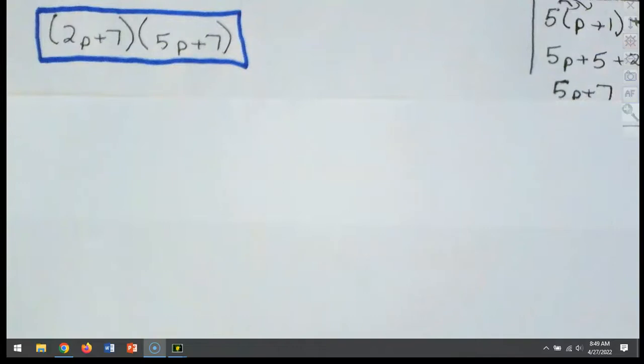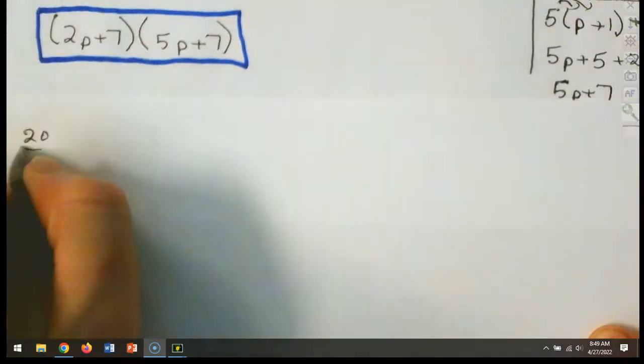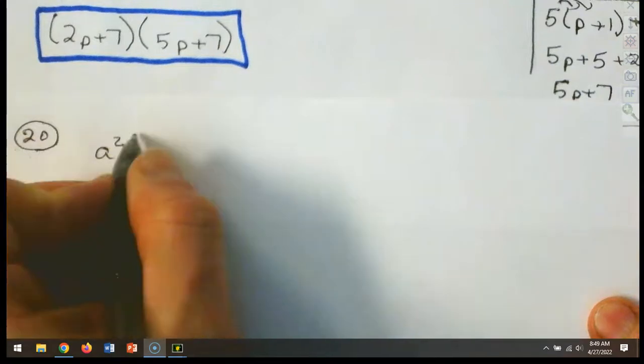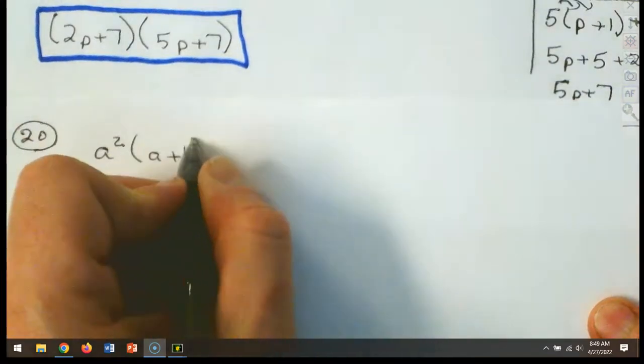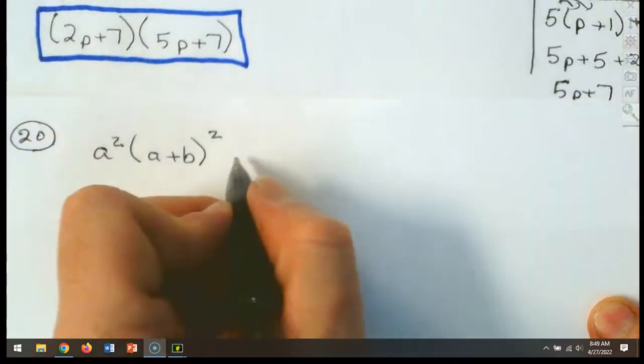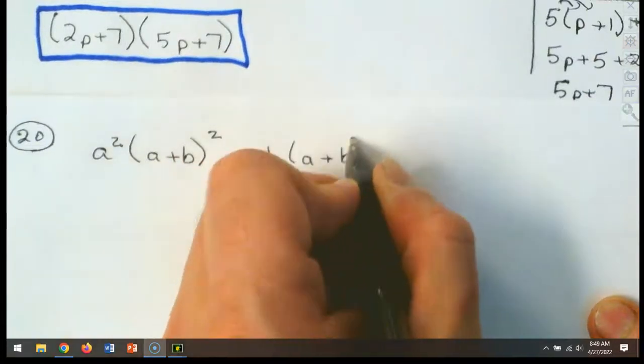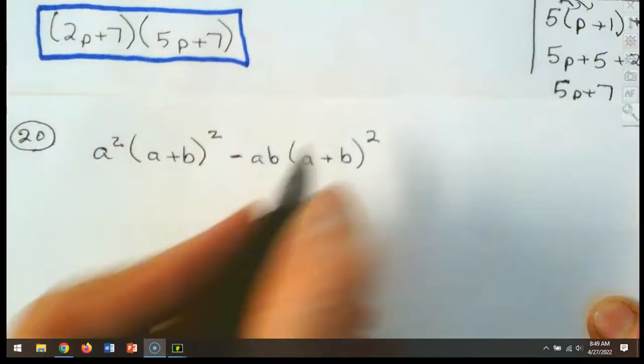So question 20 here. This is another factoring one. Okay, now question 20, we need to see what we can take out at the beginning. 20 looks way more complicated than what it truly is.